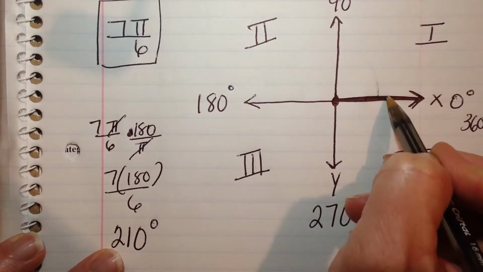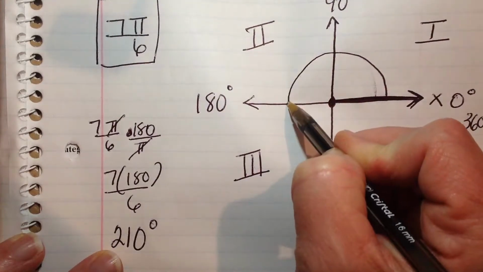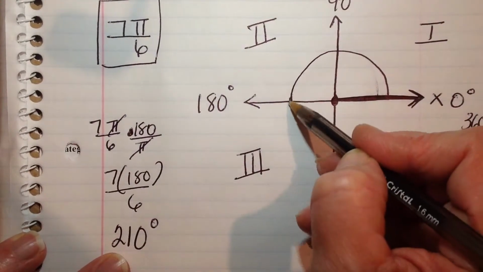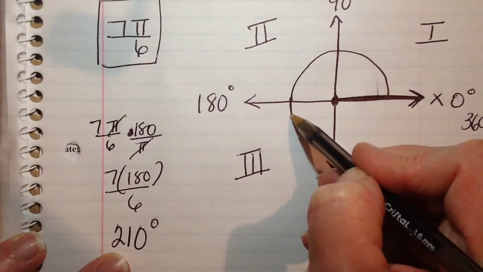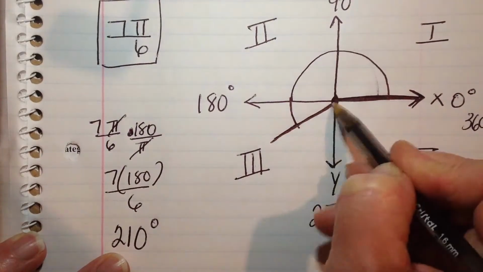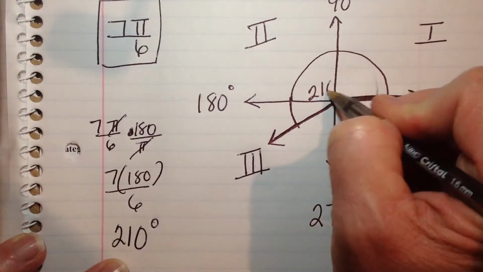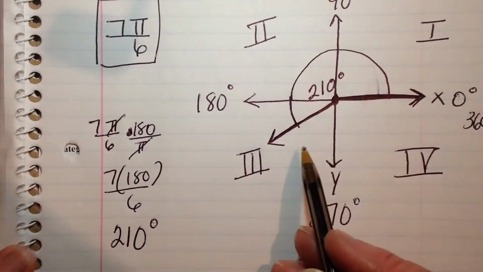So I would go around, this is 90, on to 180. Now I need to go down to 270. Well, I'd come down 30 more degrees, and here is my terminal ray. So this would be the angle 210 degrees, which is the same thing as 7 pi divided by 6.